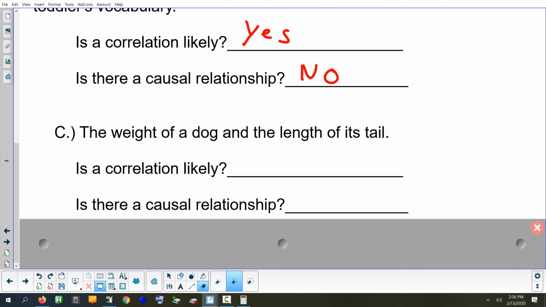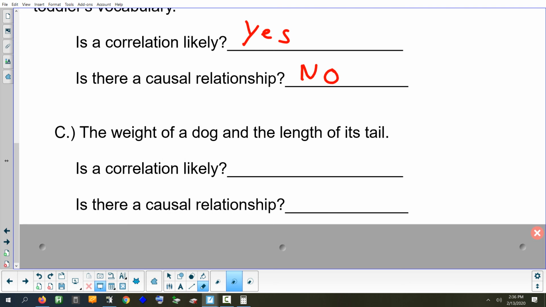And let's look at this one. The weight of a dog and the length of its tail. Do you think there's a correlation? Well, it depends. A puppy is not going to be as big as an adult.